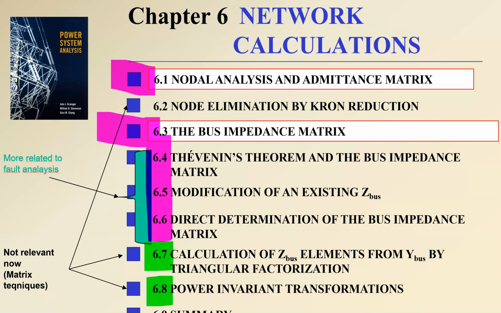This is more if you take a special course in matrix techniques, you will typically learn more about it, such as triangular factorization and power invariant transformations. Also you have the chapter on node elimination, Kron reduction. That is also more of a technique, so we will briefly talk about it, but focus mainly on 6.1 and 6.3 from this chapter.